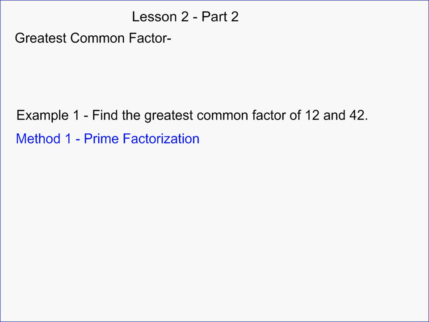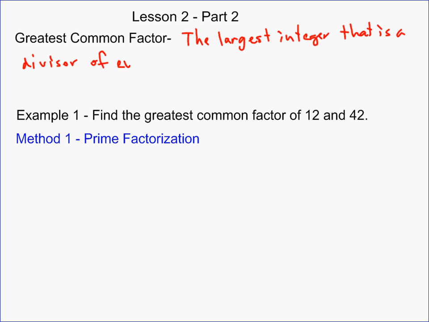So in continuing lesson 2, we're going to do part 2, which is going to cover greatest common factor. When we talk about greatest common factor, we're always referring to the largest or greatest integer that is a divisor of every integer in a set.